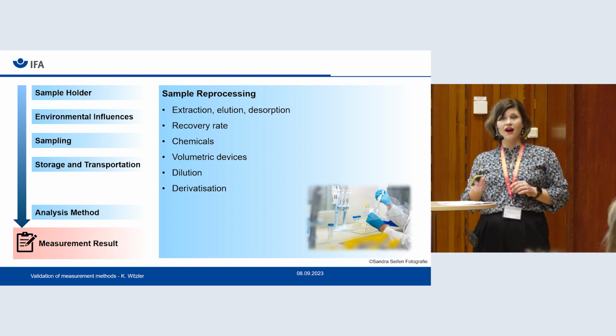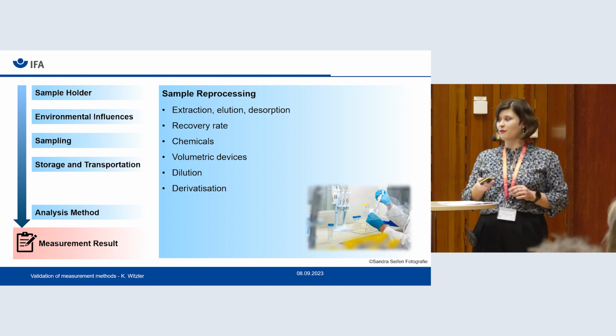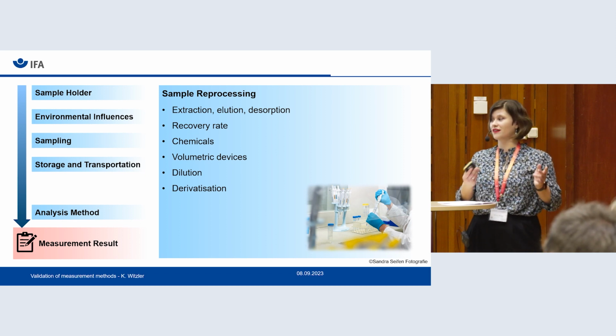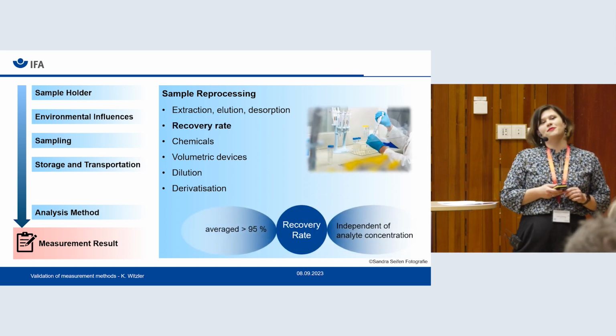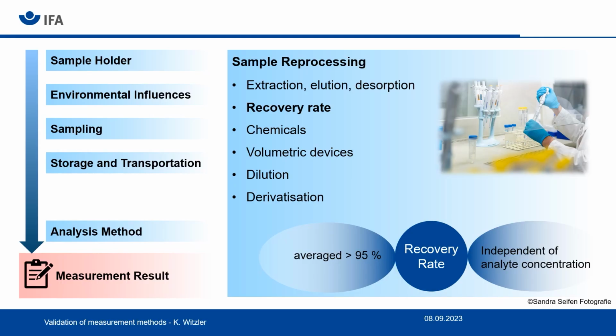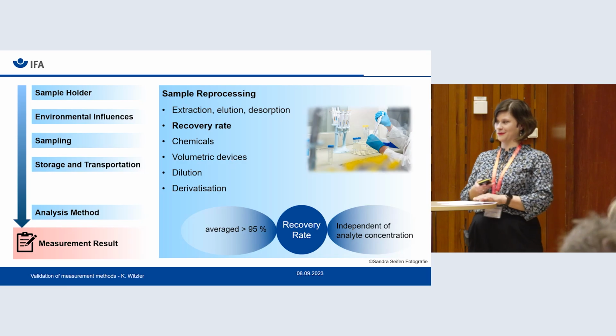You should conduct recovery experiments. How much will you actually find when extracting your filters or your test tubes? And these recovery experiments should show that your overall recovery rate should be greater than 95% and preferably be independent of the actual concentration of the hazardous substances on your filter.